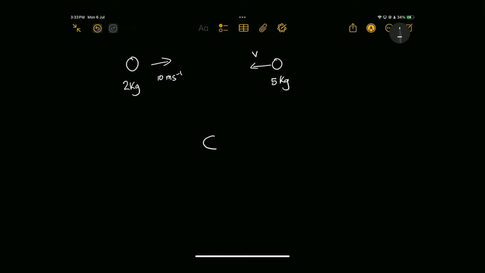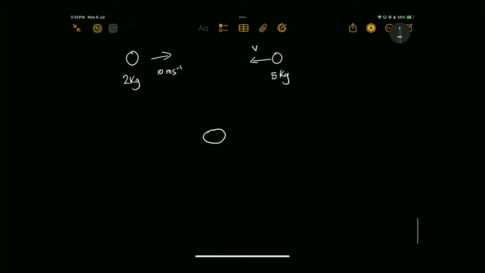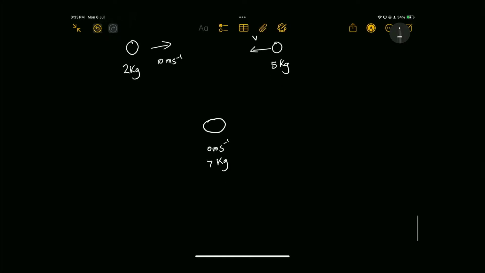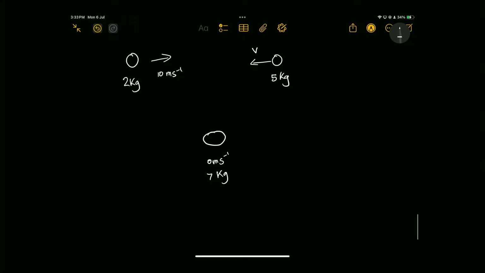They deform and become one big ball with 0 velocity, 0 meters per second. This is after the collision. We want to determine the initial velocity of the ball on the right side, the 5 kilogram ball. So we need to calculate v.